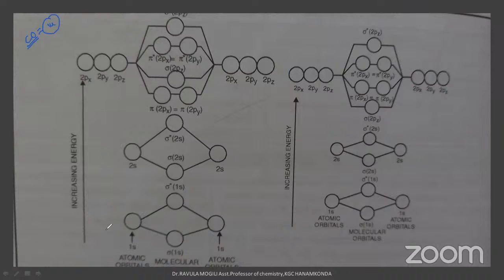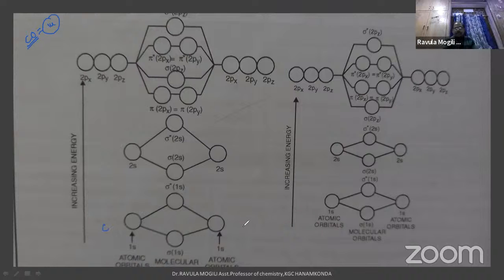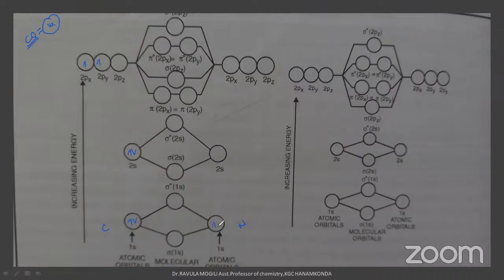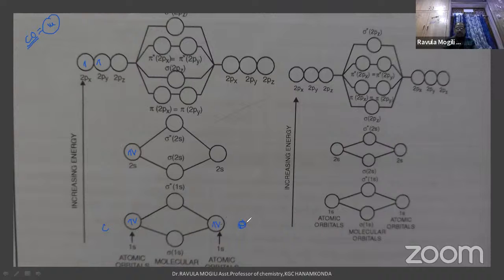This is carbon, this is nitrogen. Carbon electronic configuration is 1s2, 2s2, 2p2. For oxygen, 1s2, 2s2.